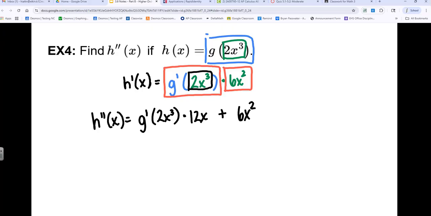Now we've got to take the derivative of g prime of 2x to the third. What is the derivative of g prime? G double prime of, leave the stuff on the inside the same, 2x to the third. And then I must multiply by the derivative of the stuff on the inside. What's that going to be? 6x squared.